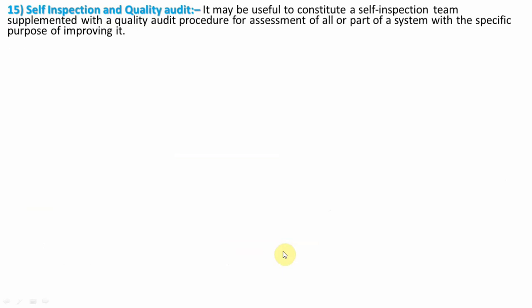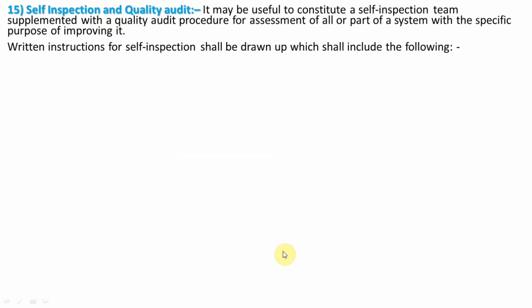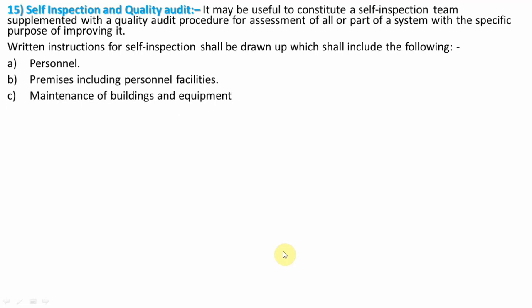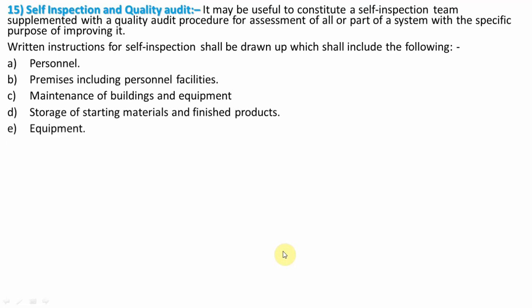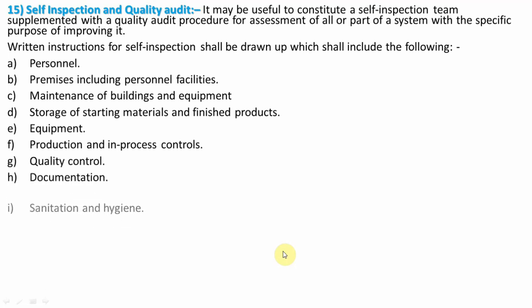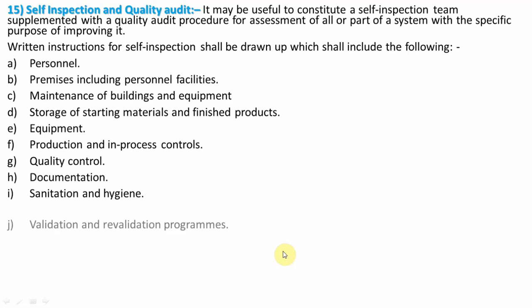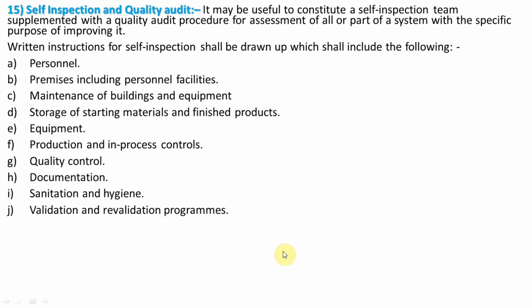The next is the self-inspection and quality audit. Written instructions for self-inspection shall be drawn up, which shall include the following. First, personnel, then premises including personal facilities, then maintenance of buildings and equipments, then storage of starting materials and finished products, then equipments, production and in-process controls, quality control, then documentation, sanitation and hygiene, validation and revalidation programs.